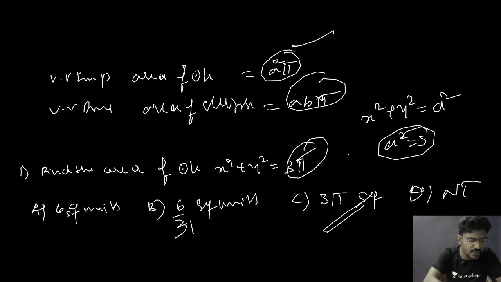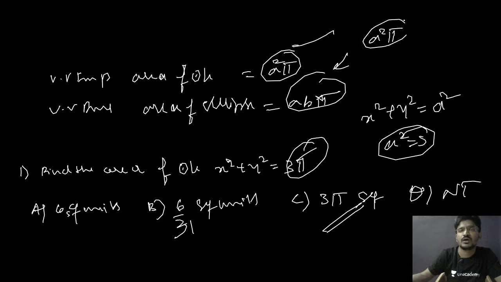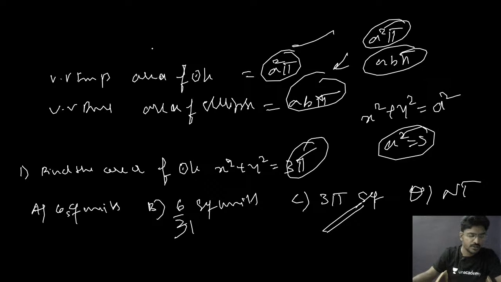So like that you can go through these two shortcuts, and from these two shortcuts you can simplify these problems. So ab pi and a square pi are very important.